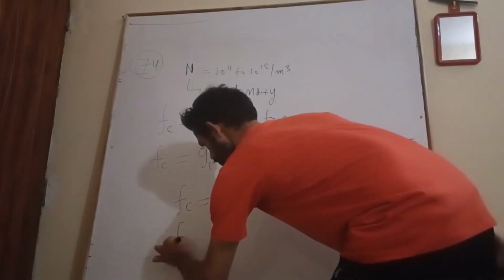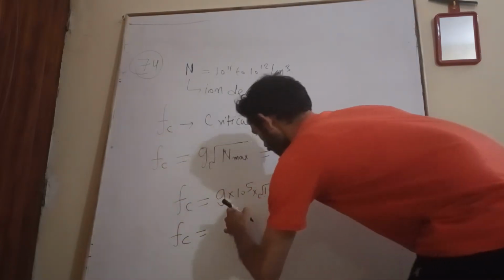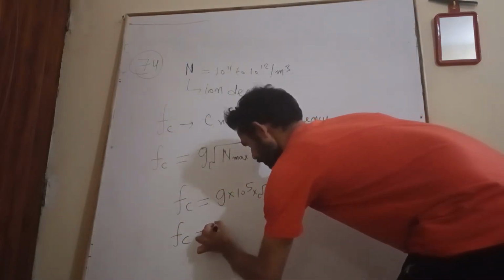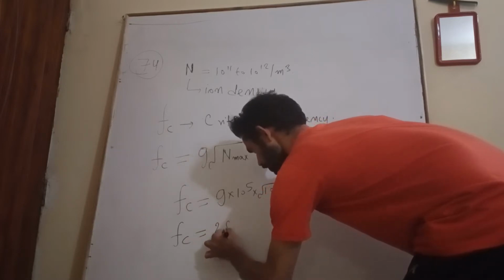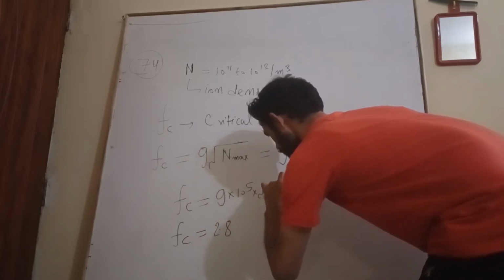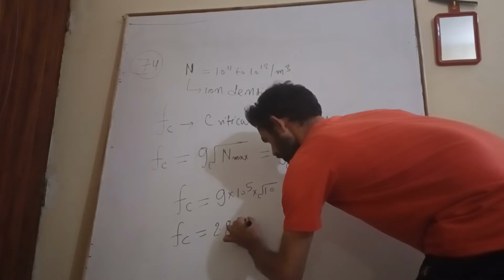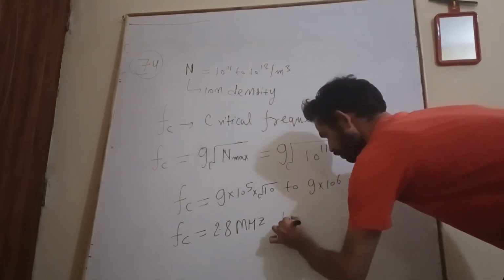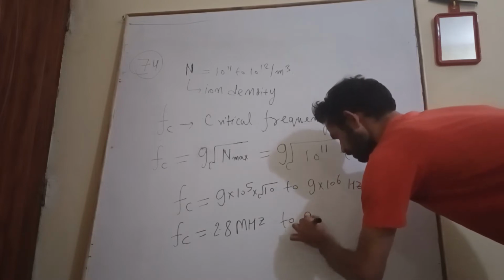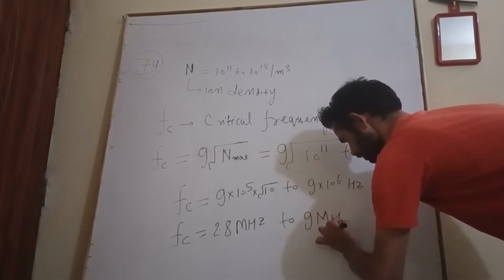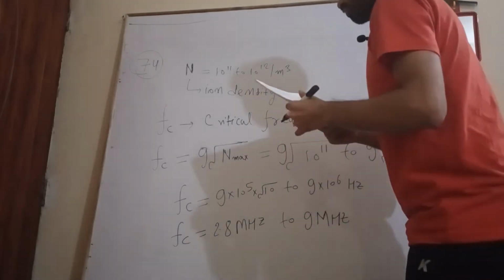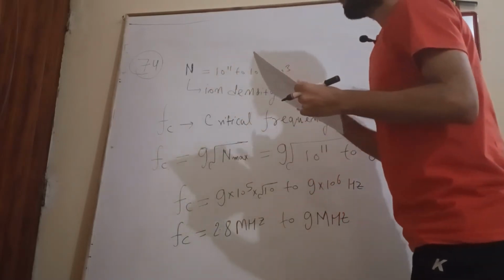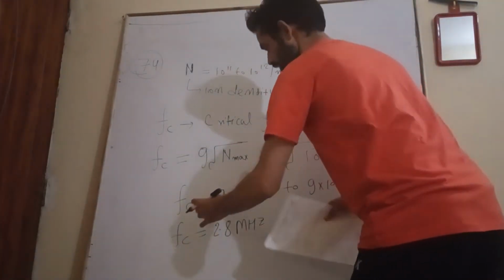Root 10 is approximately 3.16, so Fc is about 2.8 megahertz, and at the upper end, 9 megahertz. So this is the critical frequency that changes approximately.